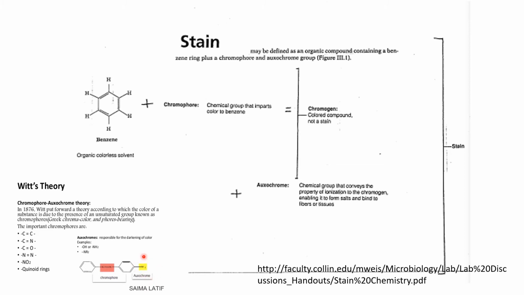I think this nitrogen is important to form a bond. So another characteristic of oxochrome, it also intensifies or increases the ability of the chromophore to accept or absorb energy. So therefore it's responsible for darkening of the color.